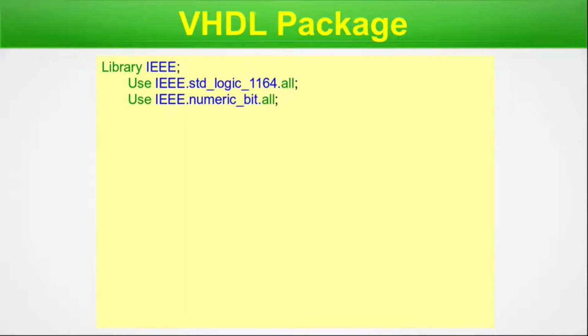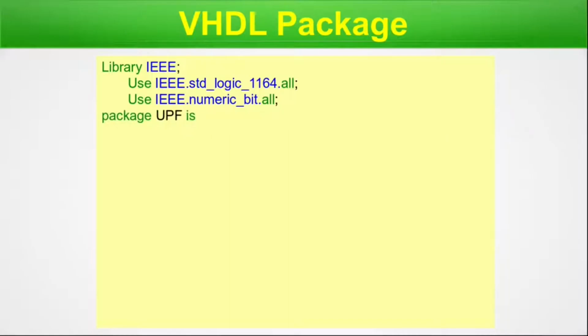VHDL package. Library IEEE, we all know that is used in VHDL. Use IEEE standard logic 1164 all. Also, this is a very common thing when we write VHDL code. Use IEEE numeric bit all is the next standard package that we have to use.